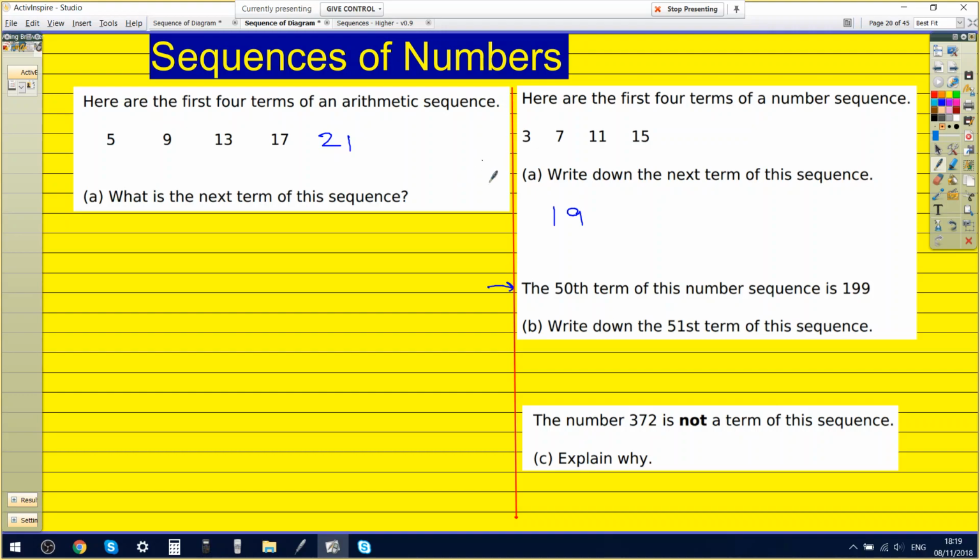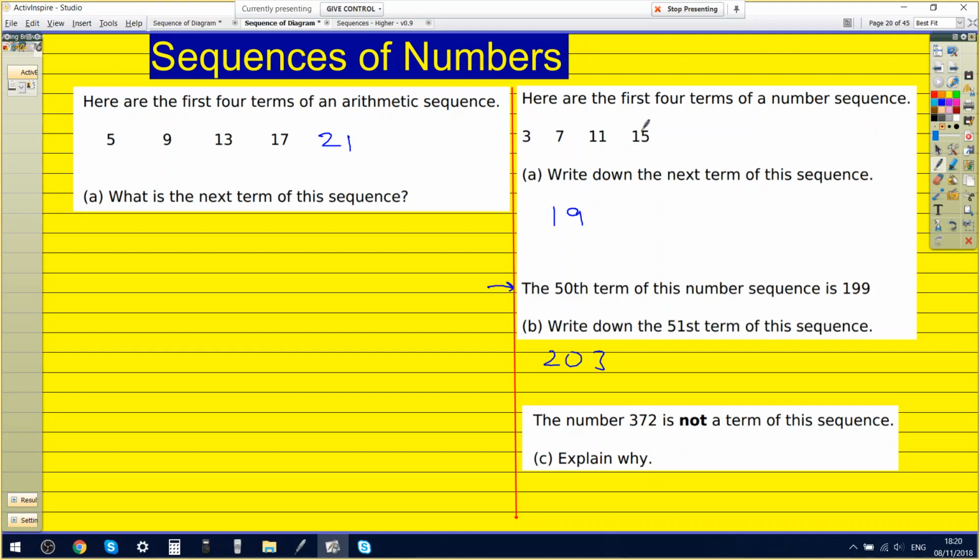Well done. And part C. Sorry? Could it be? I'm not sure.